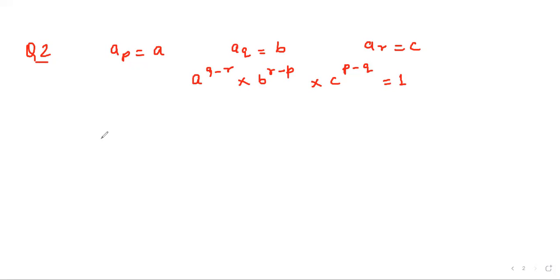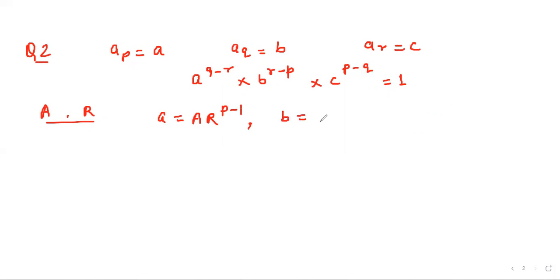So here, let the GP have first term A and common ratio R. Then, as per the question, the Pth term a will be given by AR^(p-1).